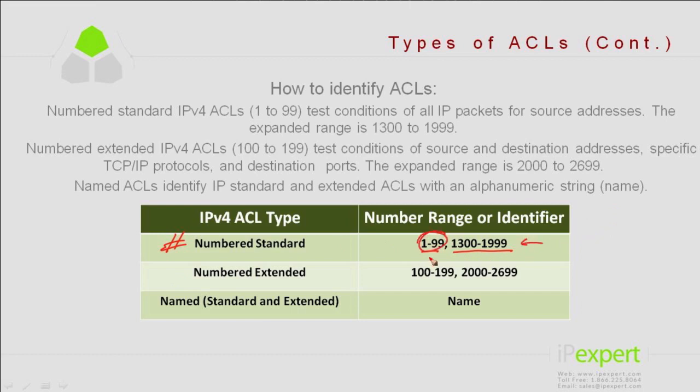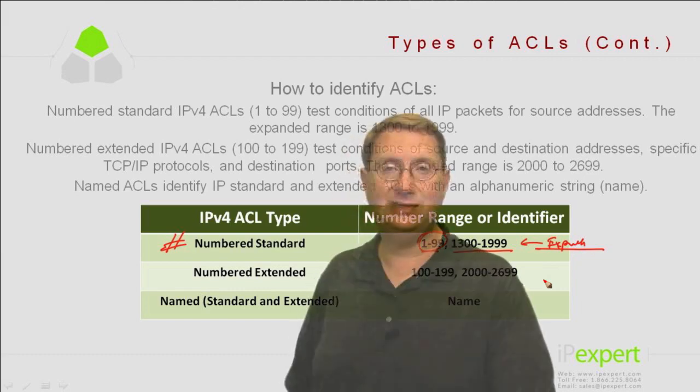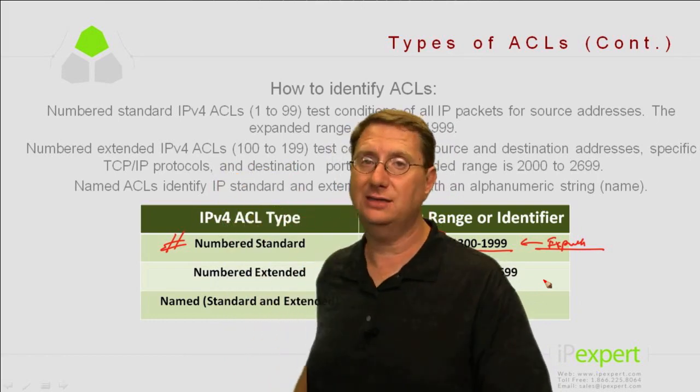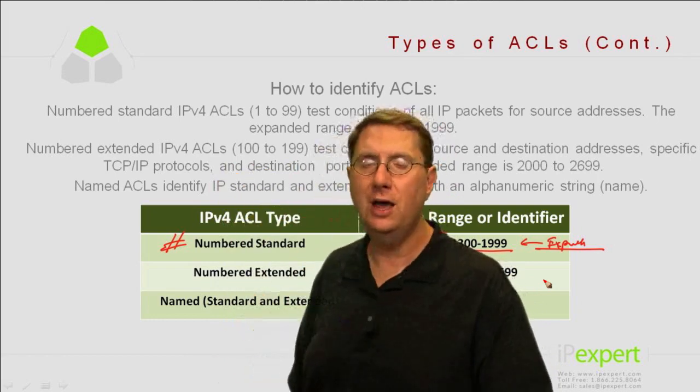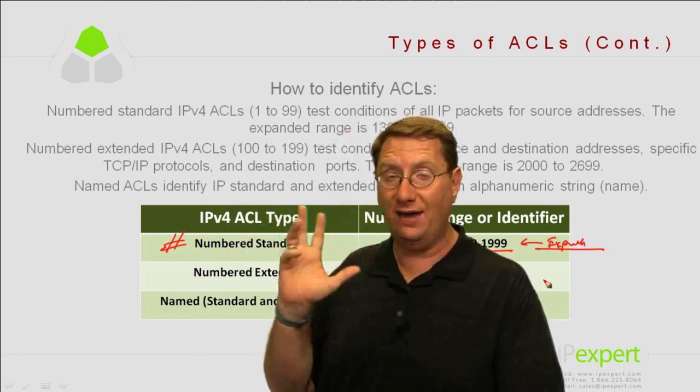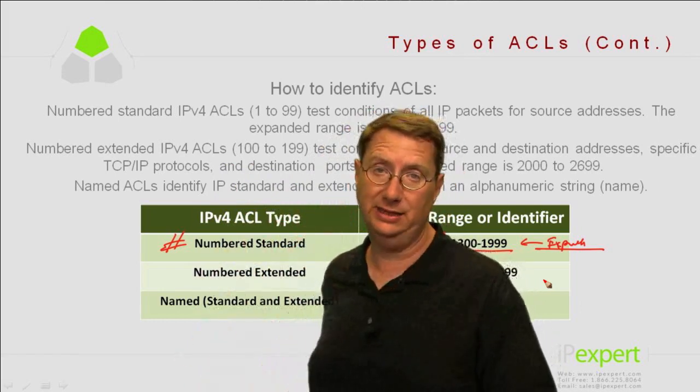Originally we only had the capability of having 99 access lists. Then they realized they needed to expand the numbered range to give us more. I will tell you, I have clients that have access lists in the 1,000s, so 1,000 individual entries on the access list. The majority of them are service providers. Some of them are casinos. But the main thing you need to understand here is that they have some pretty honking big access lists.